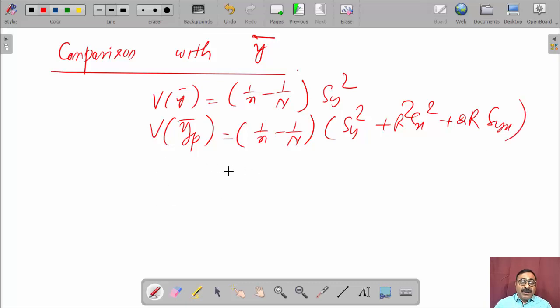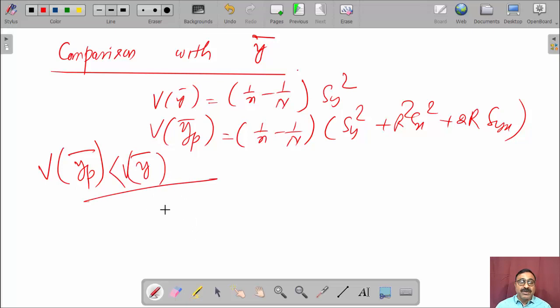The product estimator yp bar is preferable to the simple mean estimator y bar if variance of yp bar is less than variance of y bar.